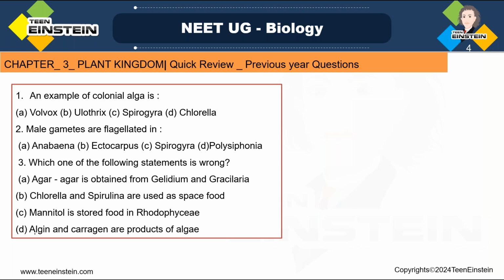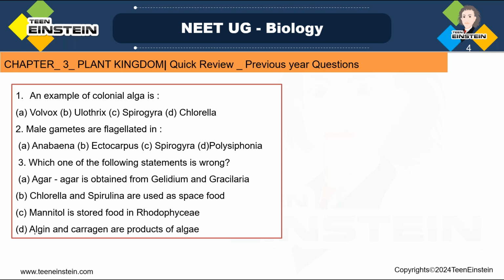From this chapter there are no application type questions; you will get all direct questions, like an example for one type of plant, how the reproduction is taking place, whether the chromosomal condition will be haploid or diploid, or what the life cycle of each type of plant is. That is the kind of question you can expect.